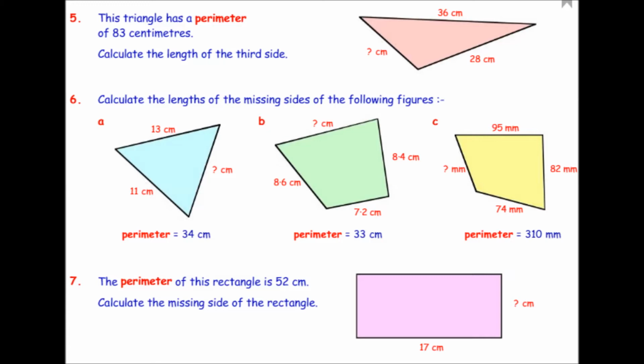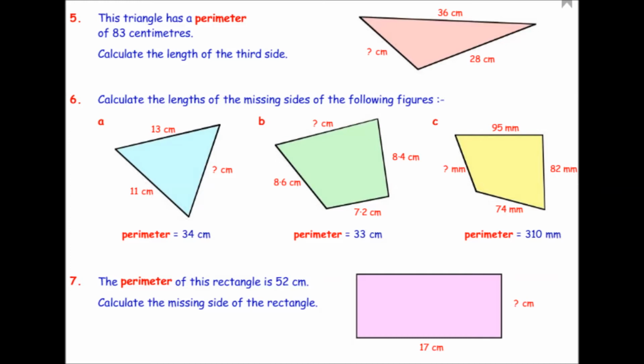I think the best way for you to do this is think about the one that you don't know as an x. And if you look at 6, you've got the perimeter at the bottom, and so on. Okay? Let me do 5 with you, and then it will make the others easier.